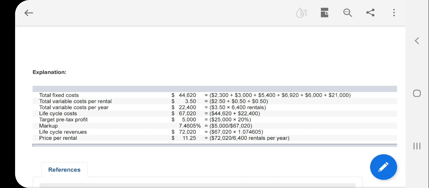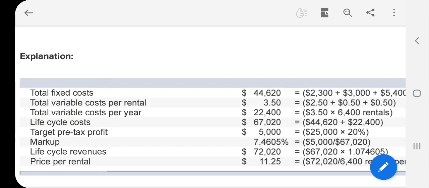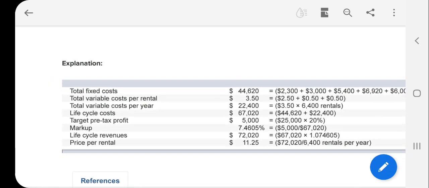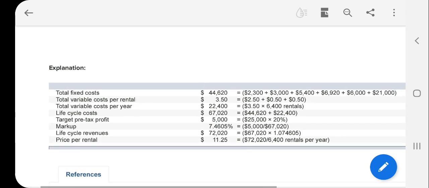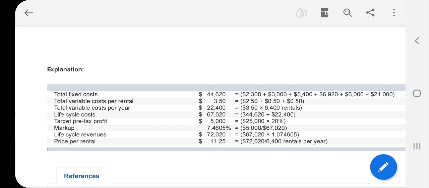So let's see here, the first item. The total fixed cost, you can see how to calculate it. You look at the list of the costs and add all the fixed costs. So the fixed costs are 2,300 plus 3,000 plus 5,400 plus 6,920 plus 6,000 plus 21,000.